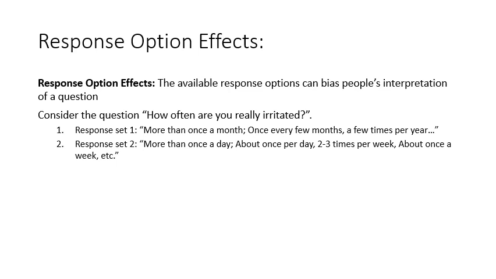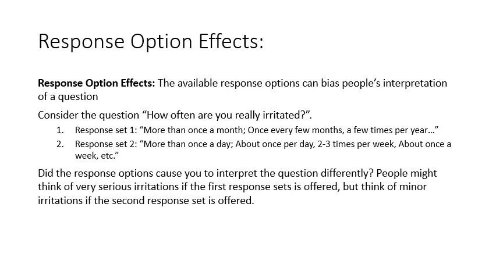As opposed to response set 2, where these are happening pretty regularly, they might think of really irritated as being nothing more than the car in front of you driving too slow. So that's what we mean by response option effects. That's one example. And so this exemplifies what I just said. You can see how the response options here impact the interpretation of the question.